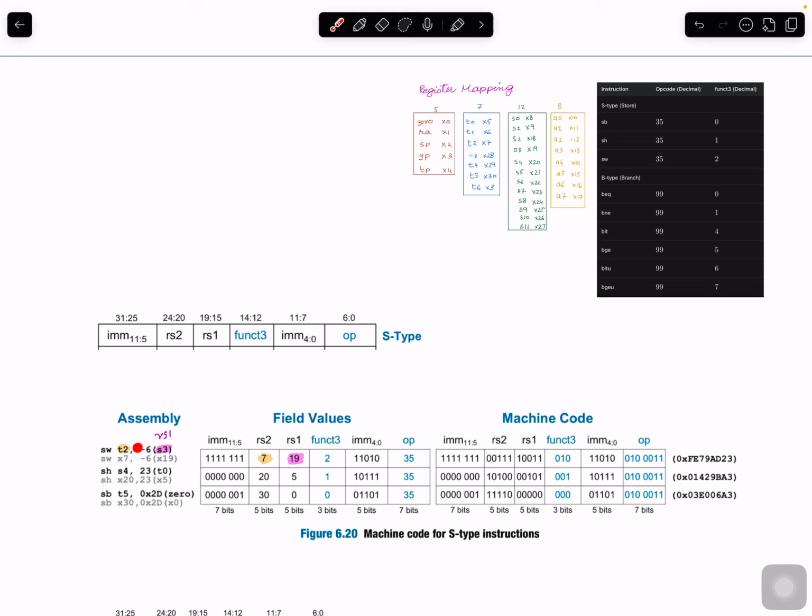That generates a 32-bit address, and at that address in memory we write the content of T2. So both are source registers. None of them is a destination register. Got that?